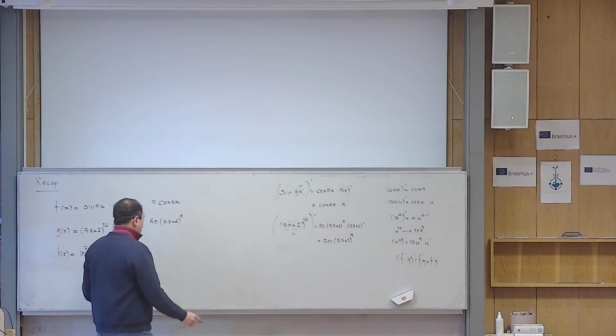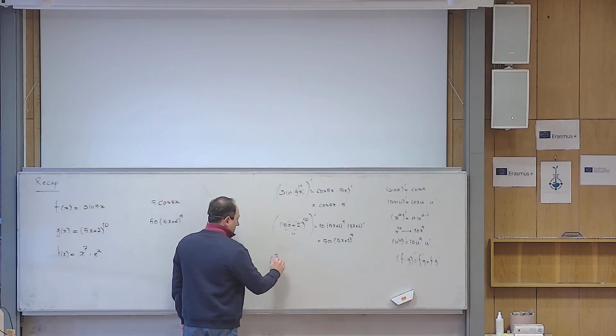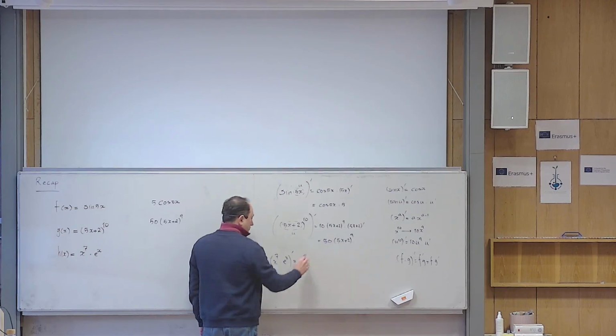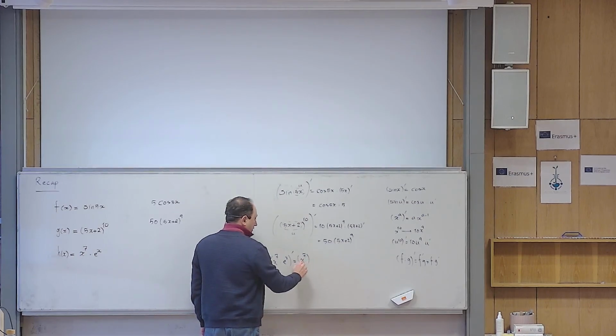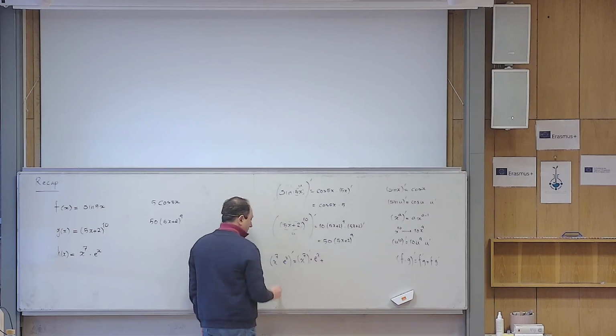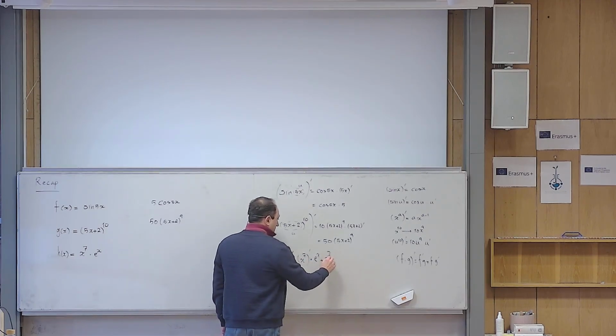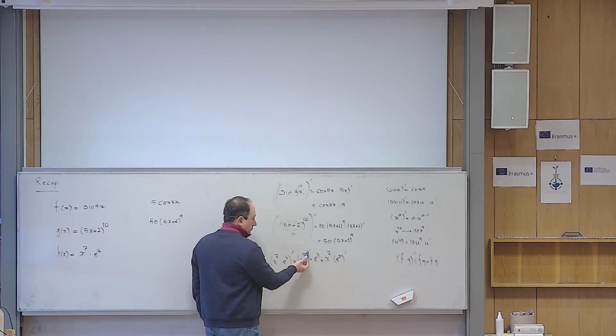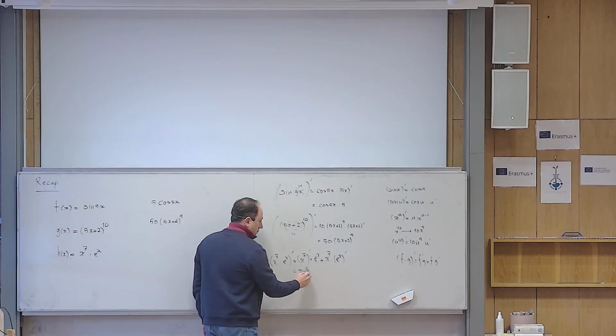So you go to a scratch paper, you write x to the 7 multiplied by e to the x. According to this rule, it becomes the derivative of the first one multiplied by the second one itself plus the first one itself multiplied by the derivative of the second one. The derivative of the first one is in the table. It is 7x to the 6 e to the x.